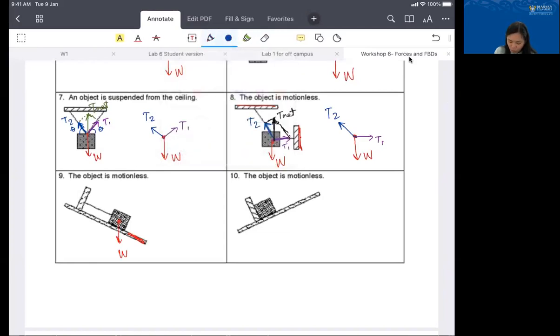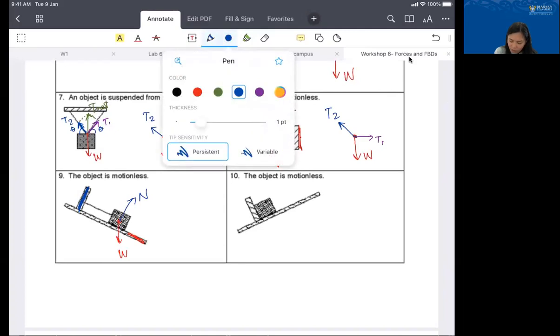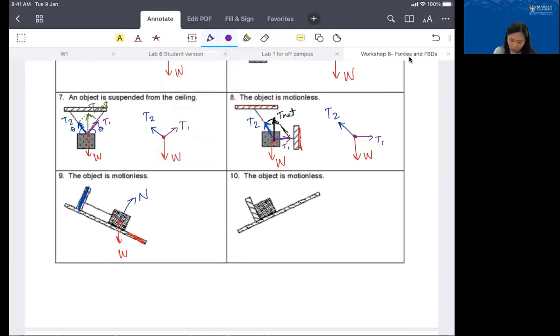So you have your normal force that is perpendicular to that surface, and then you have the string. So there's a surface here, but indirectly supporting the object. You have tension along this rope that's directly supporting your object. So tension force is directed away from the object and along the string.